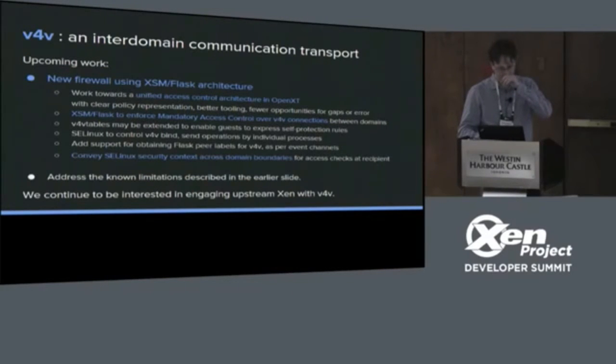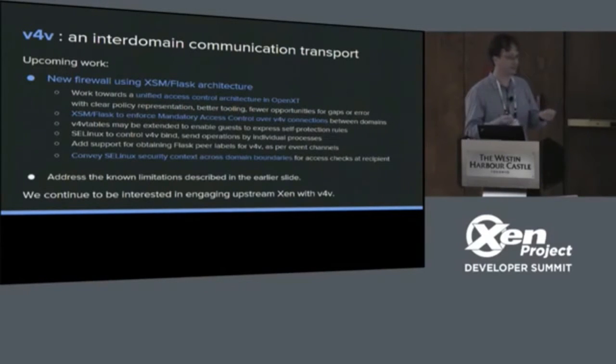So I think my last slide on V4V is the description of the new work. The new firewall we're looking to build is part of an effort towards a unified access control architecture in OpenXT. If you were to look at the data communication path between domains in OpenXT at the moment, you have a number of different policies and technologies you have to reason about in order to determine whether two domains or two processes in two domains can communicate with each other.